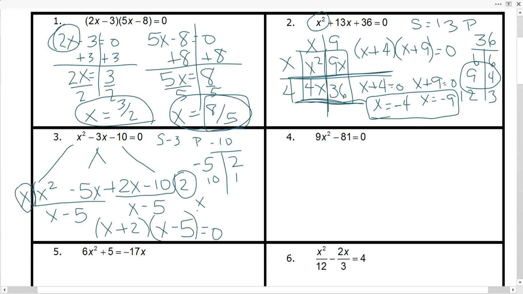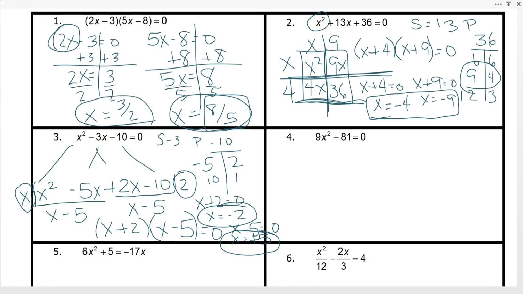So I either have x plus 2 equals 0, which would mean x equals negative 2, or I would have x minus 5 equals 0, which would mean x is equal to positive 5. So x equals positive 5 and x equals negative 2 are my two solutions. It's the place where the parabola crosses the x-axis, and it's my roots.